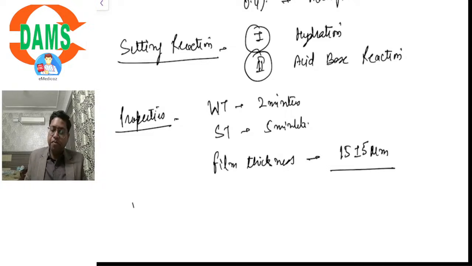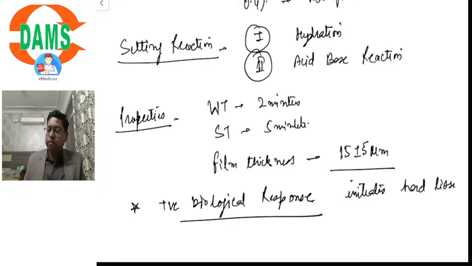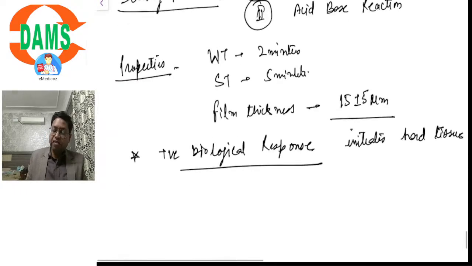A very important property of calcium aluminate GIC is positive biological response. Positive biological response means it initiates hard tissue formation against itself.